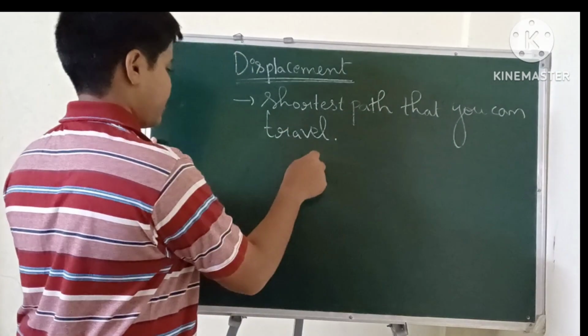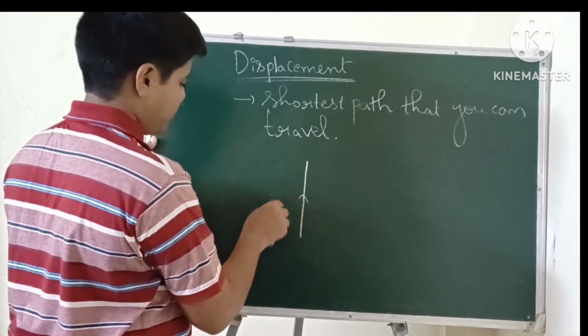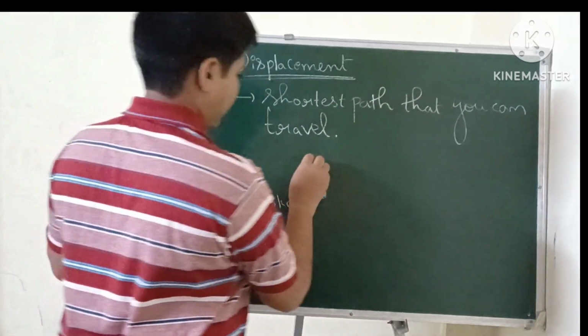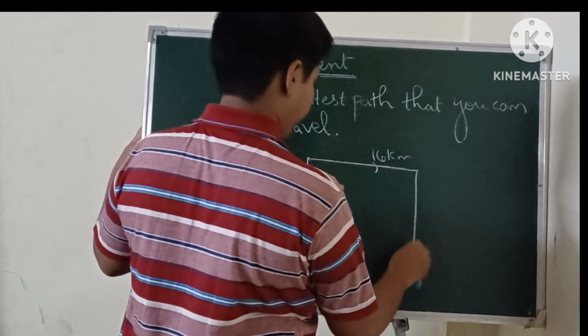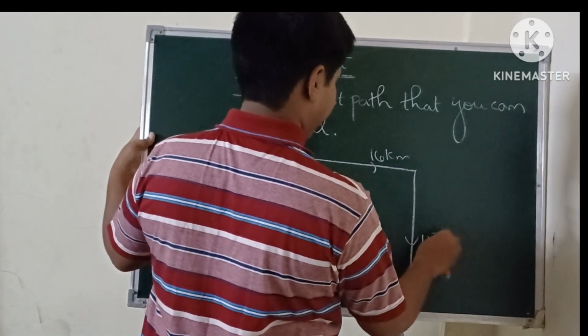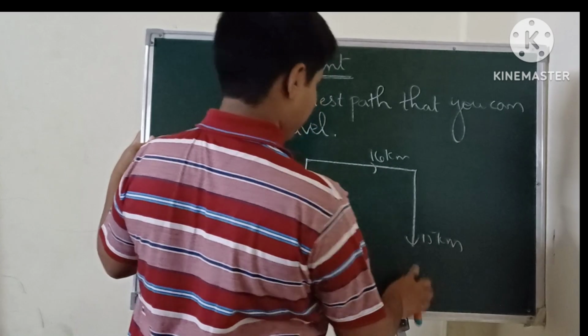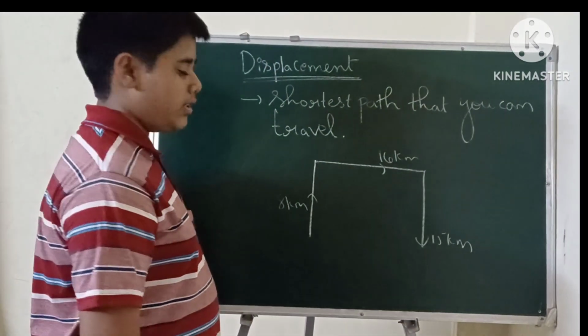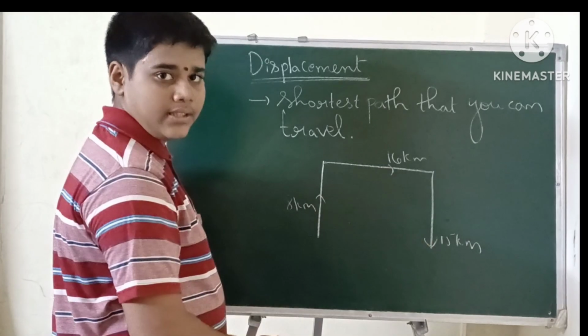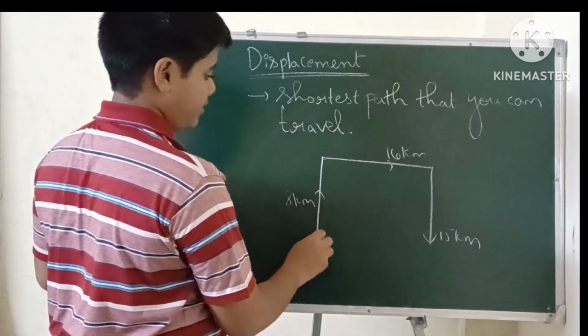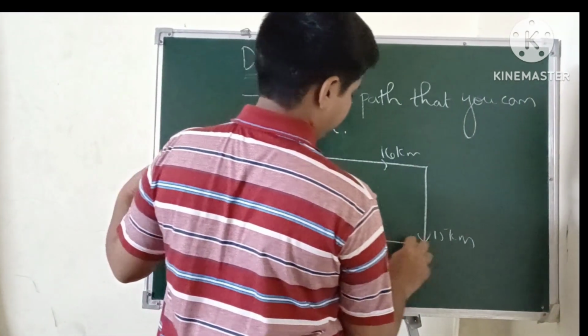In the previous example, we said that this is 8 kilometers and this is 16 kilometers and this is 15 kilometers. So in this, what is displacement? Distance means 39 kilometers. Displacement means we have to draw like this.